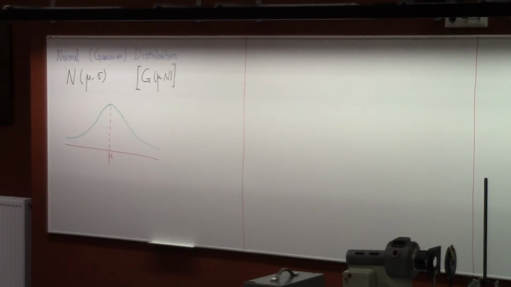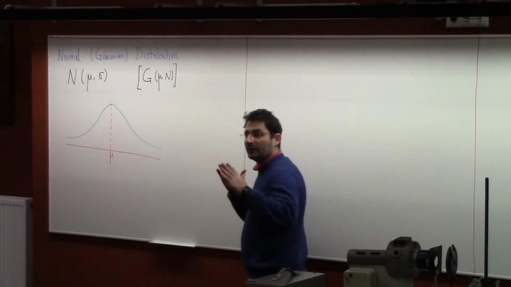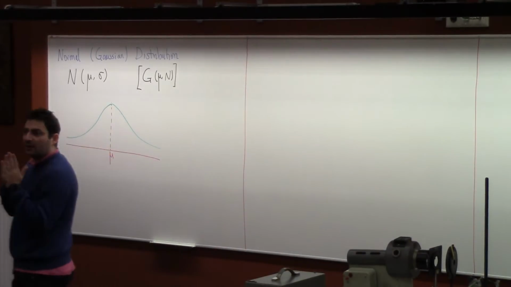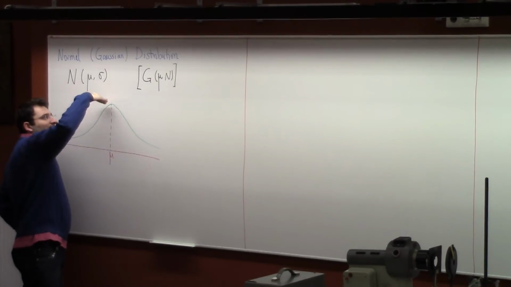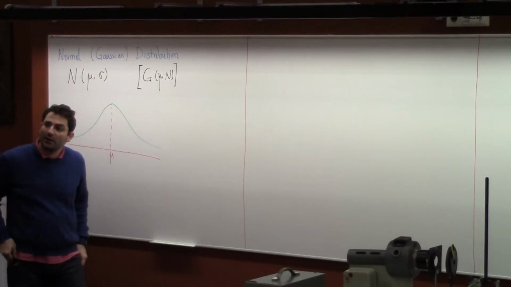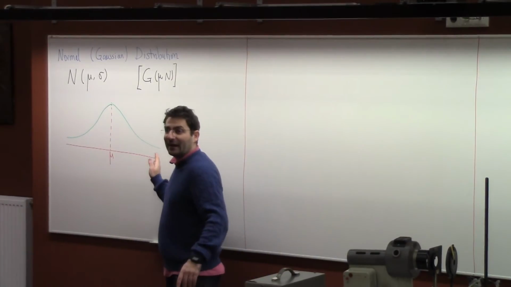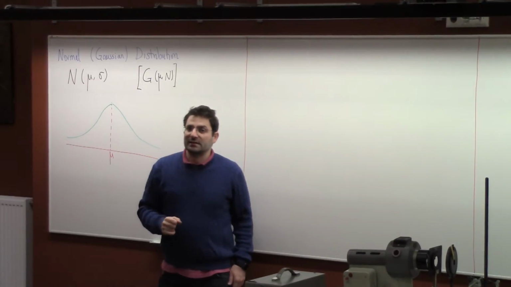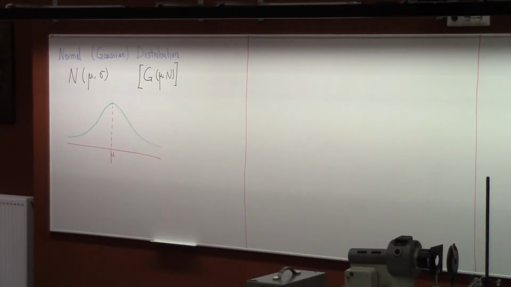We understand that if we make sigma smaller, in other words, if we are squeezing this, the maximum value will go higher. Why will the maximum value go higher? Because this is the PDF, and the area underneath this curve is 1.